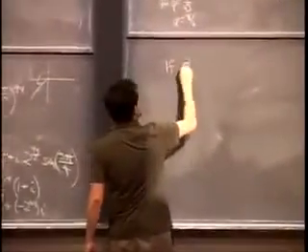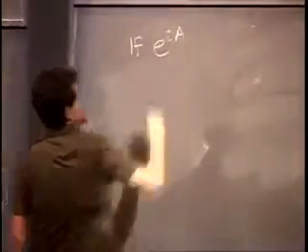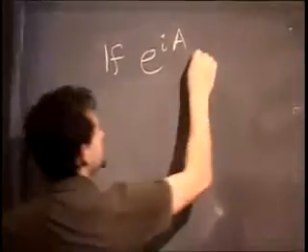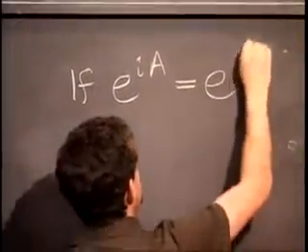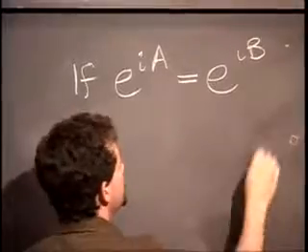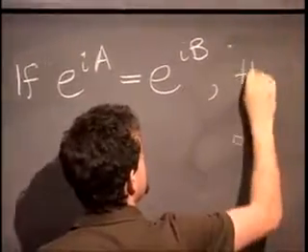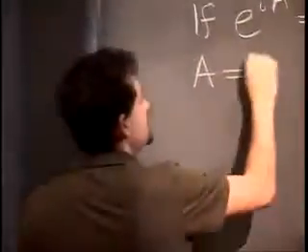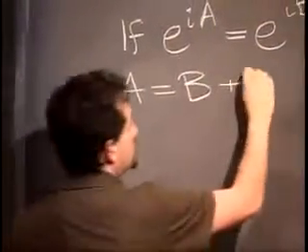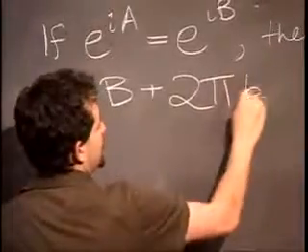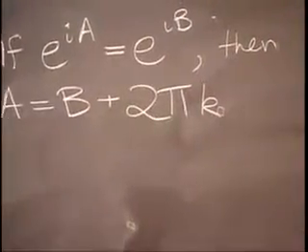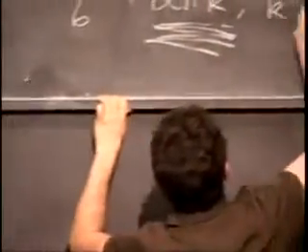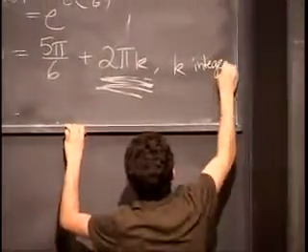If e to the i A equals e to the i B, where I don't say what A and B are, only that they're real, then A equals B plus 2 pi k. Actually, I'll use a k instead. I think that's what I did in my book. Let me change this n to a k, an integer. It doesn't matter what you call it as long as you know it's an integer.